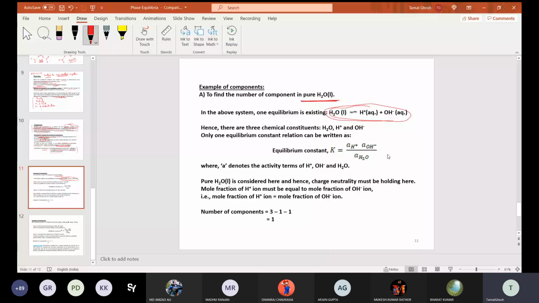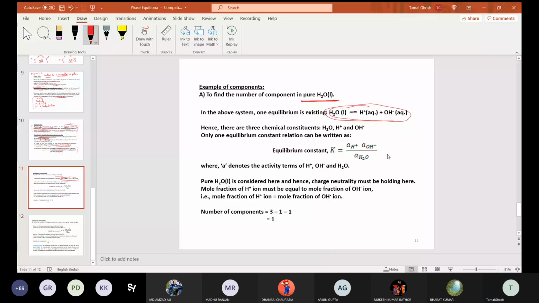Anyway, this equilibrium constant is very small, but this equilibrium is existing. As a result of this equilibrium, we will actually have three chemical constituents: water, H plus and OH minus.